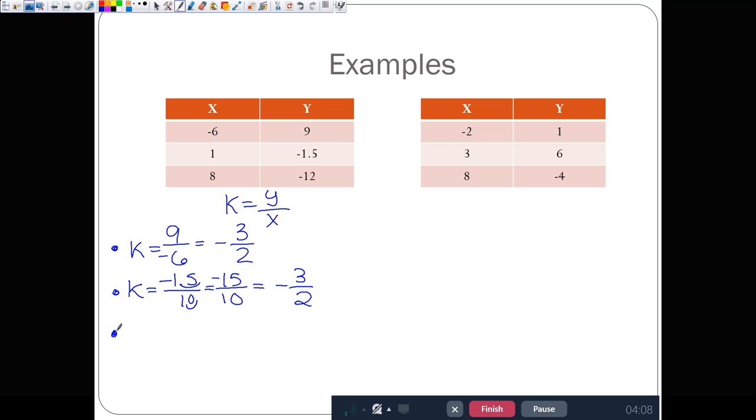And then our last ordered pair, k equals -12 over 8, which again reduces to -3 over 2. So all of my k's are the same. So yes, this is a direct variation. All my k's, my constants, my slopes are the same, so it's a direct variation.